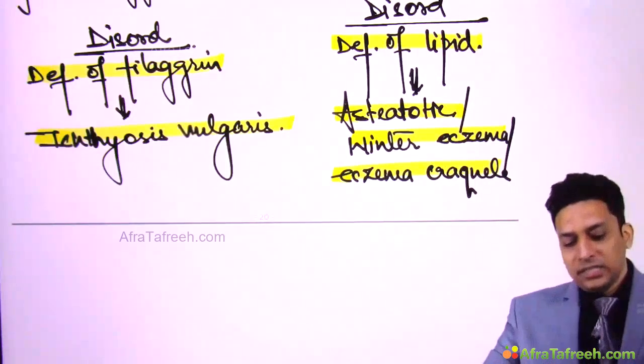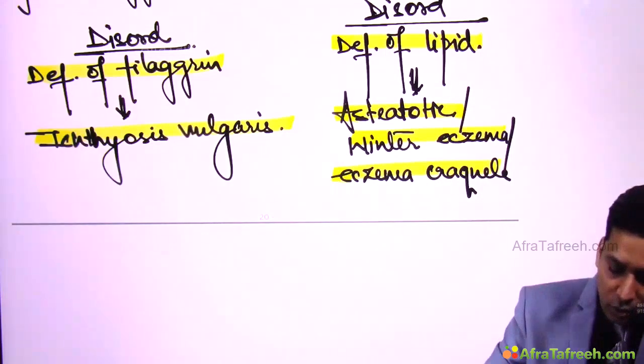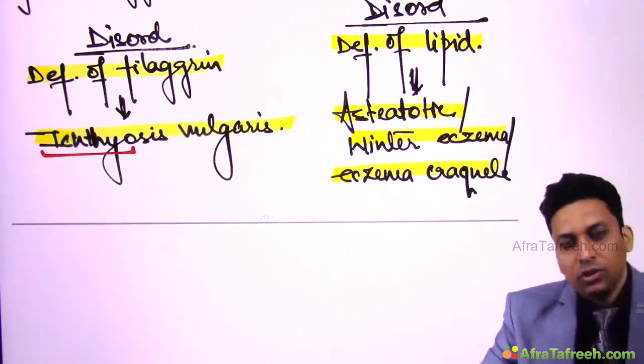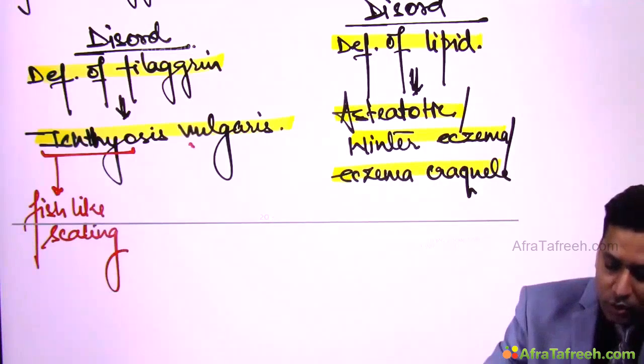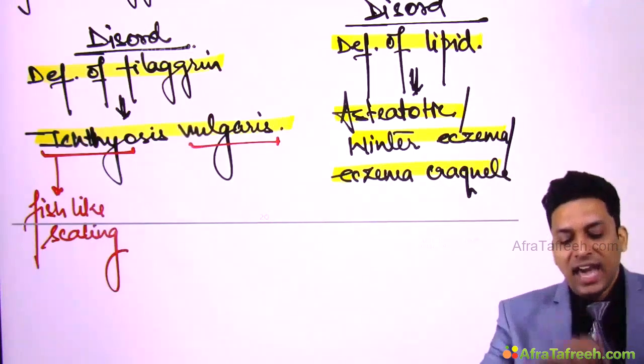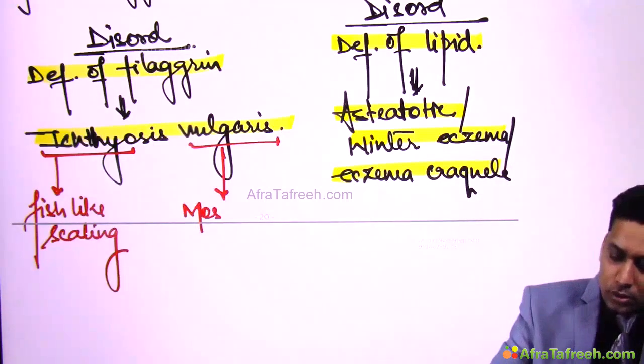Now we will be discussing these disorders later, but for now just remember a few points about them. Ichthyo means fish, so fish like scaling is seen. And do you know the meaning of this term vulgaris? Vulgaris means most common.